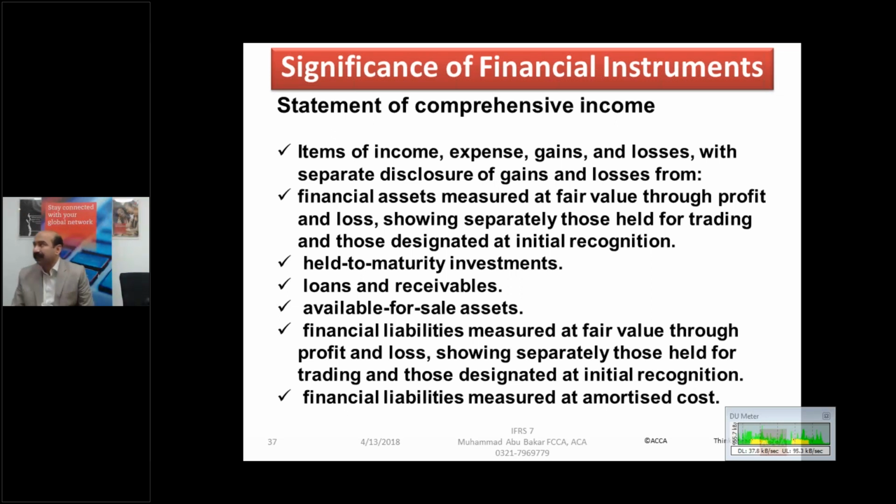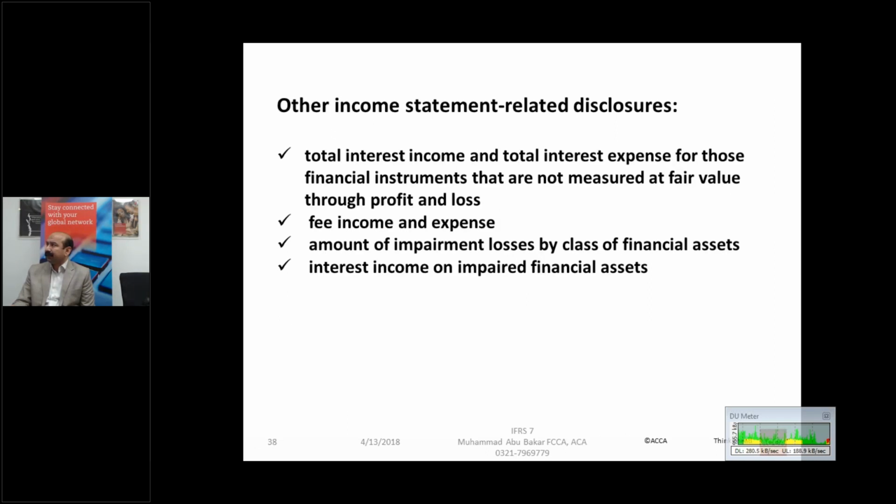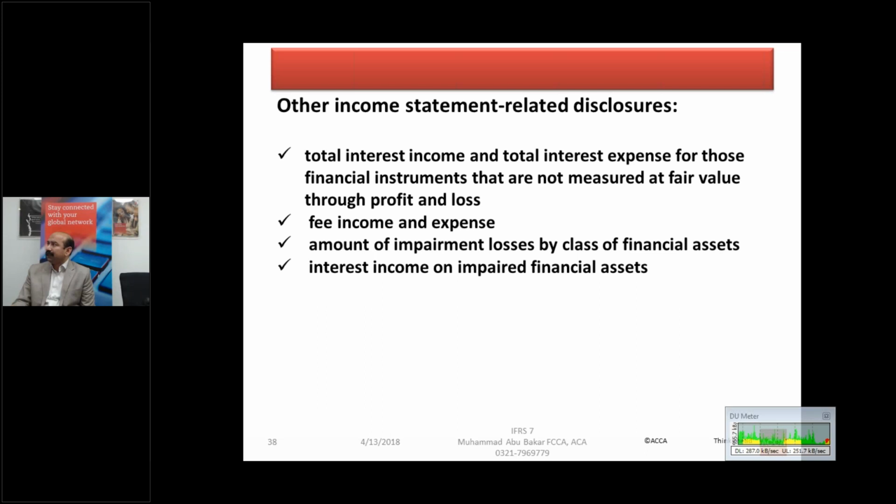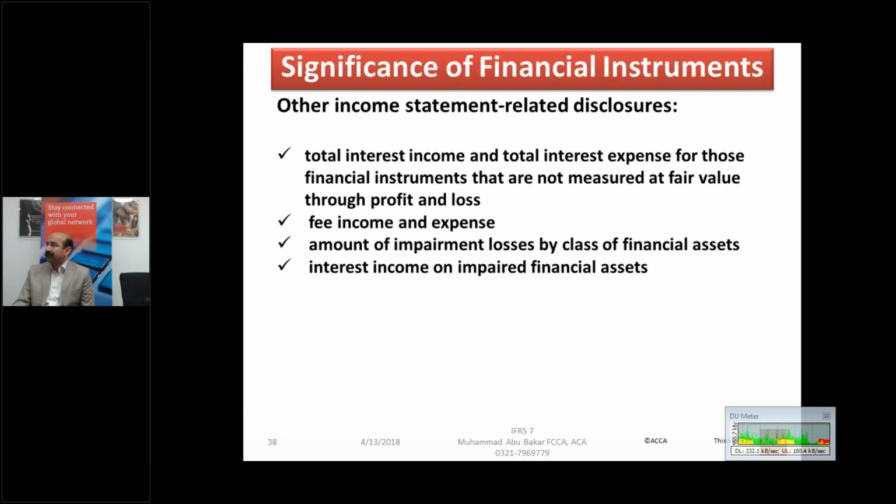The same classification which we saw earlier, but here you will have to mention, as per this classification, income, expense, gains and losses. Total interest income and total interest expense for those financial instruments that are not measured at fair value through profit and loss. Fee income and expense, amount of impairment losses by class of financial asset, interest income on impaired financial assets.